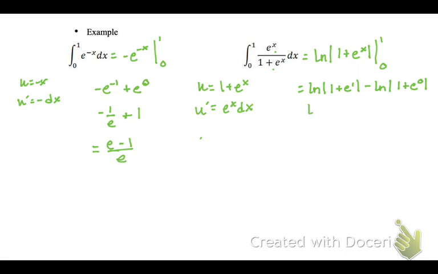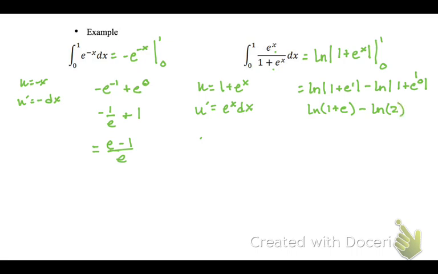And so I have natural log of... and actually, do I need the absolute value anymore? No, because it's going to be positive, right? Okay. And then e to the 0 is 1. So 1 plus 1 is 2. So the natural log of 2.